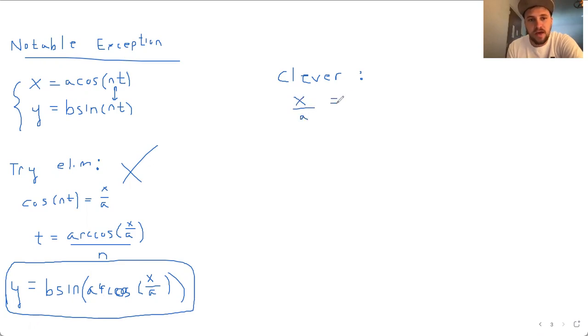We can say that cosine of nt is indeed x over a, and we can also say that y over b is sine of nt. And we can be clever with an old trig identity that we always use quite a bit.